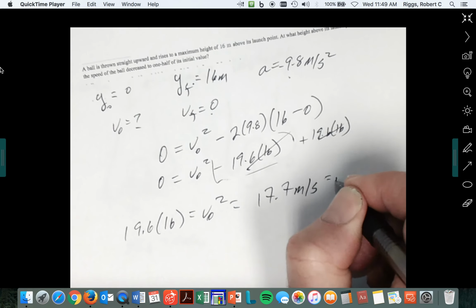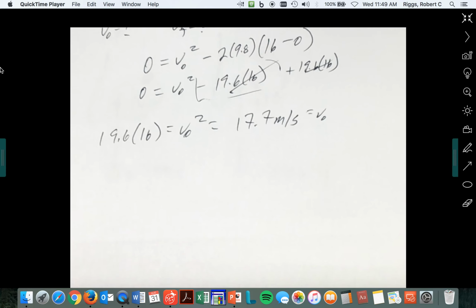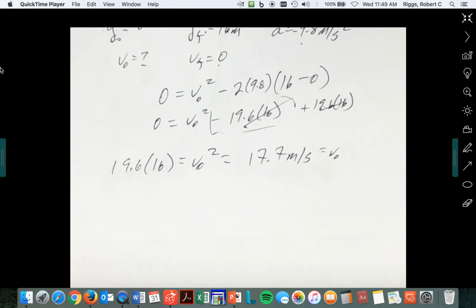That's the initial velocity. So I can figure out the height that it reaches. There's two answers, actually. I can figure out the height when it is equal to half of its initial speed.